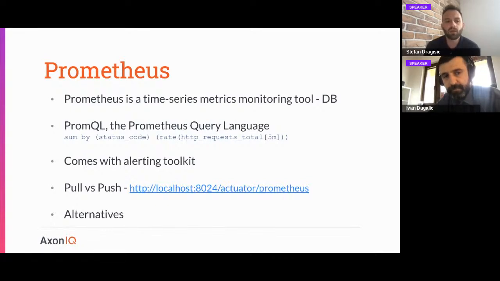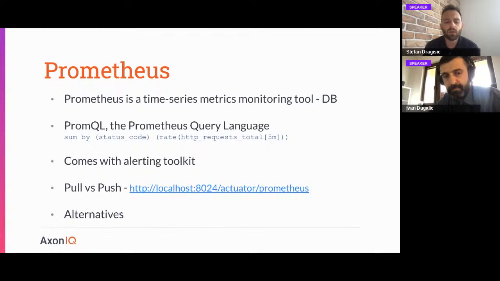So for example, here, this sum by status code, we can collect metrics and sum them by the status code. So we can do many other operations here, and this Prometheus query language is really, really powerful. And that's basically the core of everything what we are doing. Prometheus also comes with an alerting toolkit that we are going to see later.